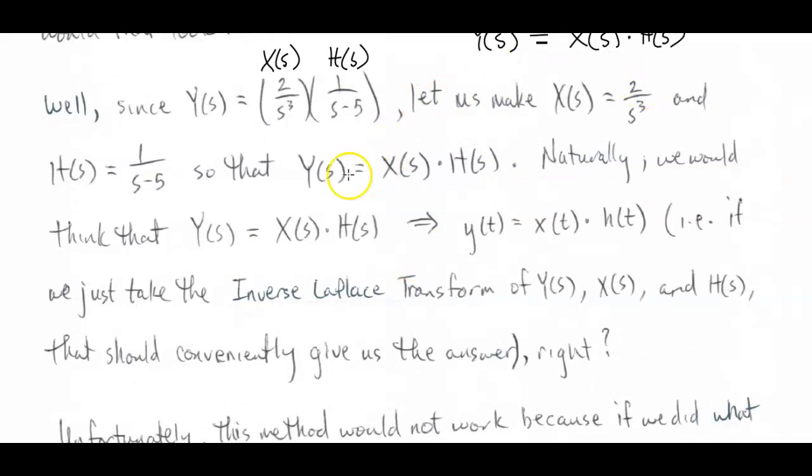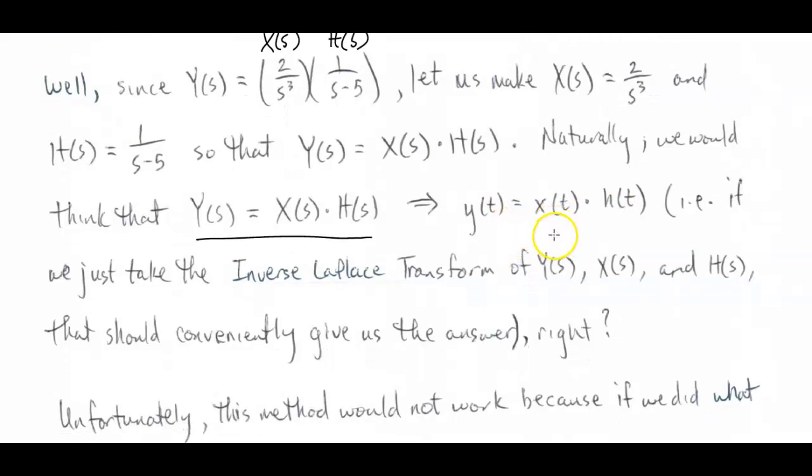So we have this setup here where big Y of s is equal to the product of big X and big H. Then naturally, you would probably think that, hey, if big Y equals big X times big H, then that must imply, if I do the inverse Laplace transform, that little y is equal to little x times little h. Okay.